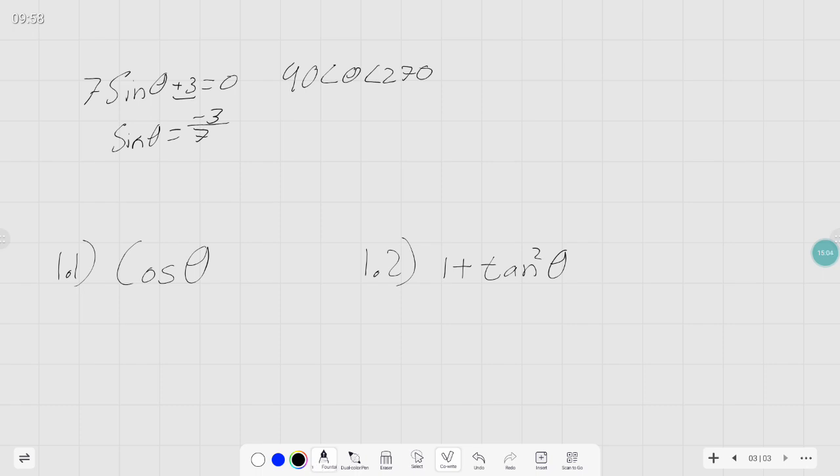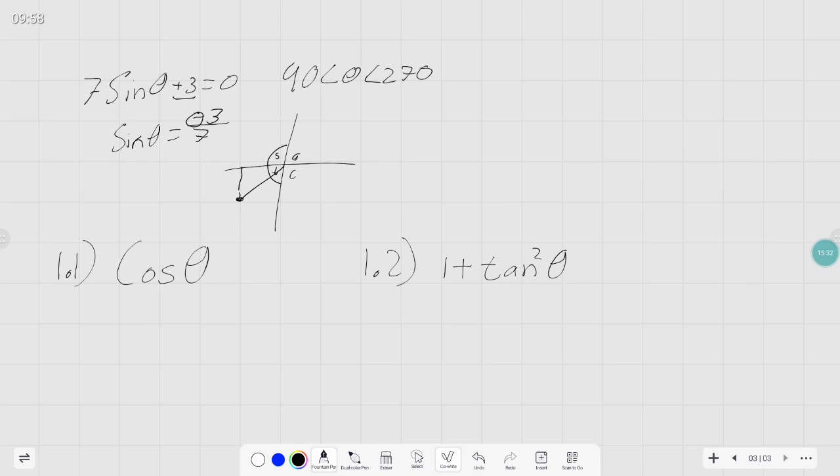So, after doing the questions, this is what we would have looked at. So, we know that this falls between one of these two, because it's between 90 and 270. But we can also see that sine is negative. So therefore, it will lie there.